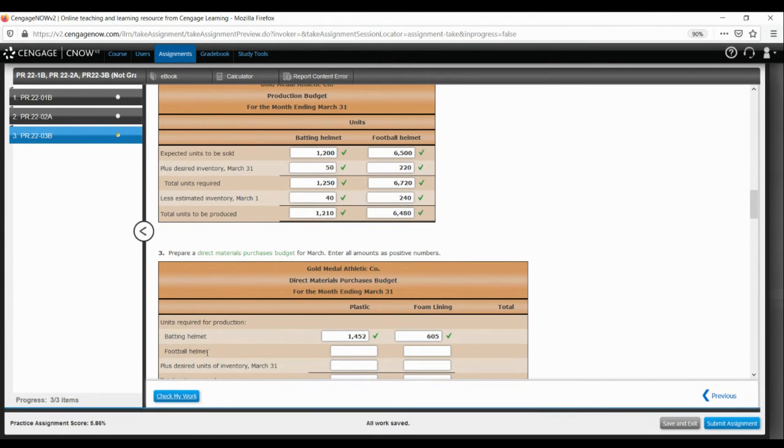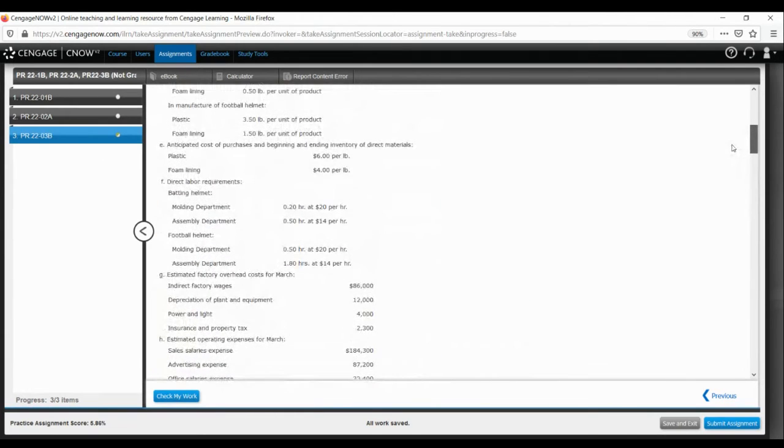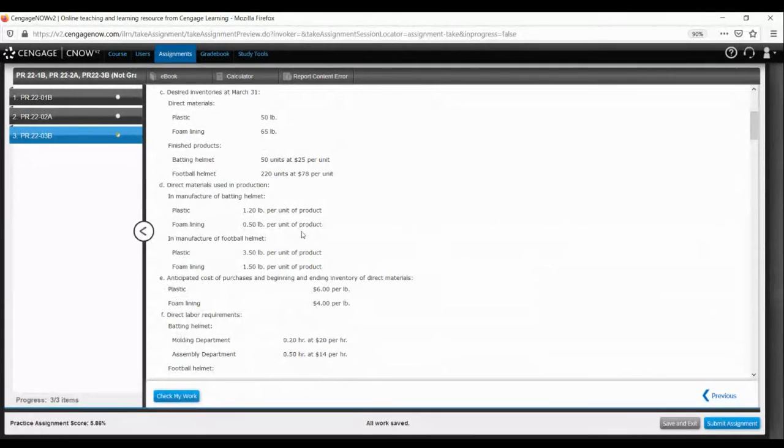For your football helmets, we're going to do exactly the same thing. We're going to take the number of units that we are producing of football helmets, which is 6,480. I'm going to scroll to the top, and we're going to multiply that by the materials that are used in production for the football helmet.